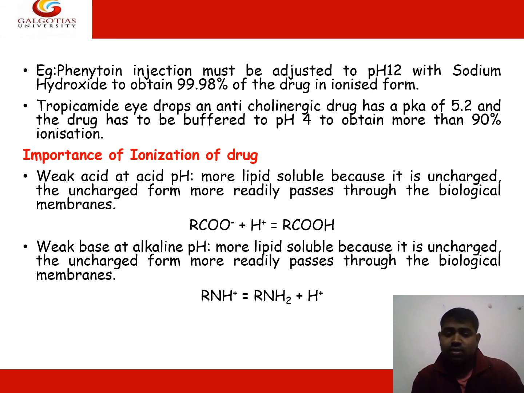In a similar case, a weak base in the alkaline pH range is more likely to be lipid soluble because it is in an uncharged form, and this form is able to cross our biological membrane.